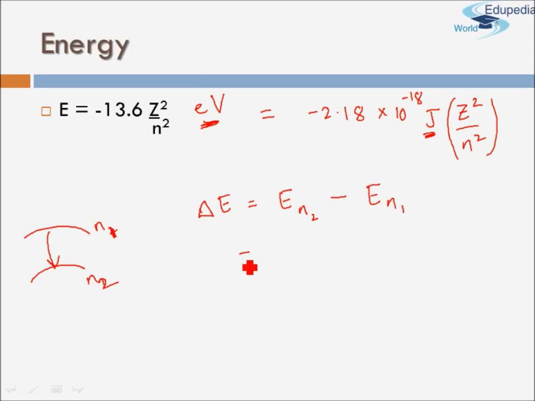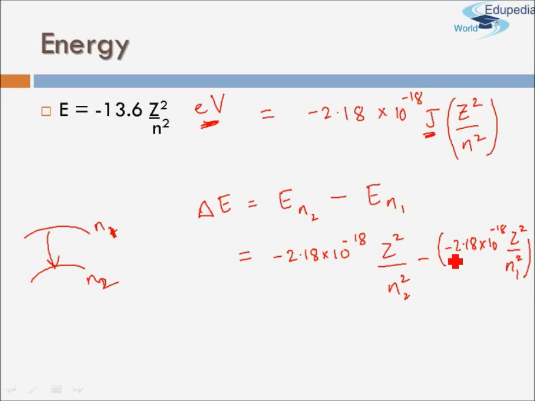So the change in energy is En2 minus En1. The final energy is minus 2.18 into 10 to the power minus 18 Z square by n2 square, and the initial energy is again minus 2.18 into 10 to the power minus 18 Z square by n1 square.